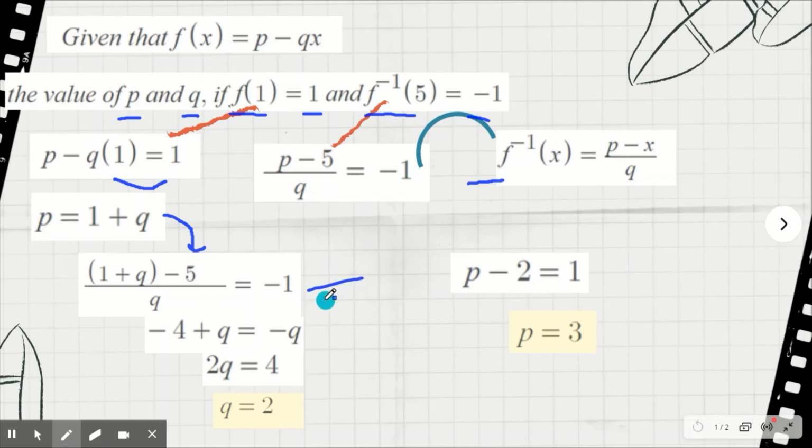And then negative 4q, because simplify this, solve this, simple math. And then you get 2q equals 4 and q equals 2. So now that we have q, we can find p. I use the first equation from earlier. So p minus 2, which is this 2 is q, equals 1. So p equals 3.